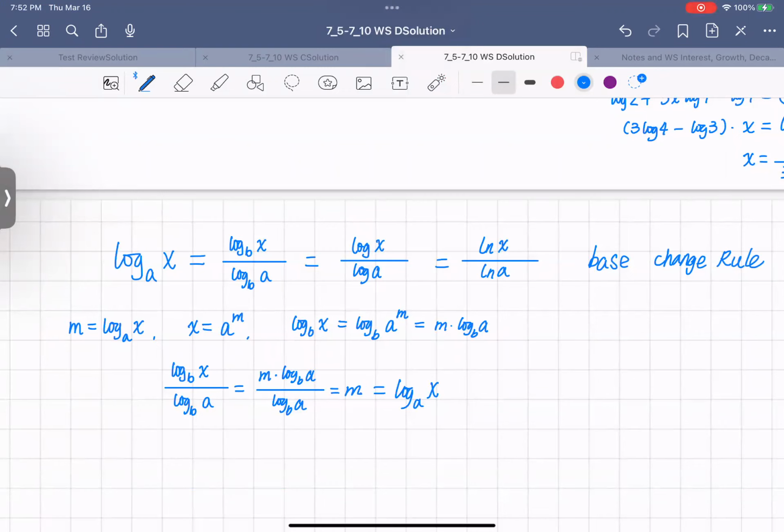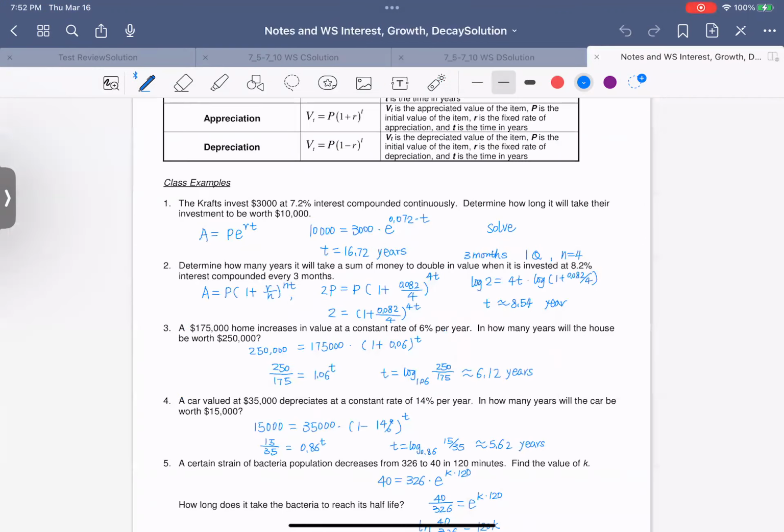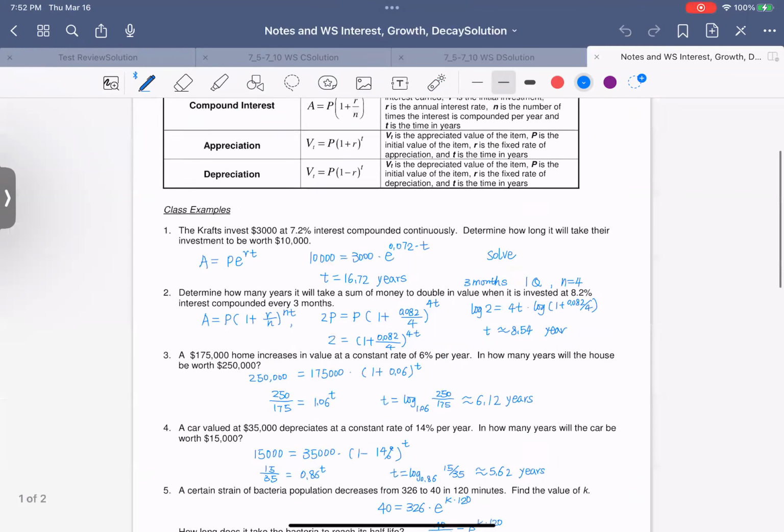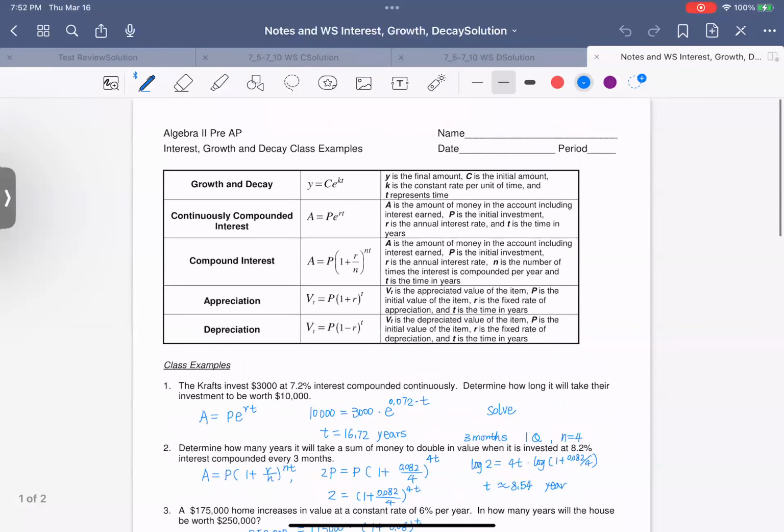Any questions so far? Okay. Now we want to do some word problems. We learned growth and decay in Algebra 1. We also know something about compound interest, but we didn't go very deep in Algebra 1.